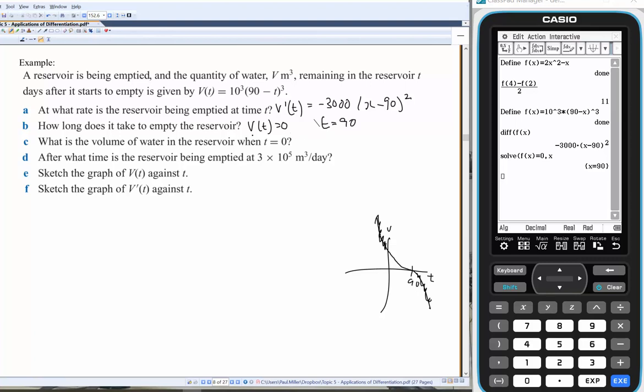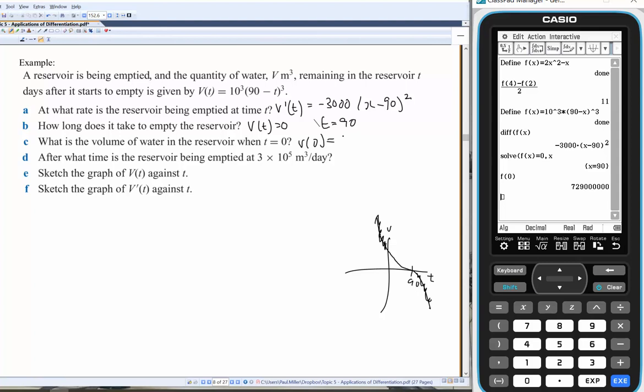What's the volume of water in the reservoir when t is equal to 0? So we're going to do V of 0, which in this case is going to be a pretty big number. So f of 0, yeah, massive.